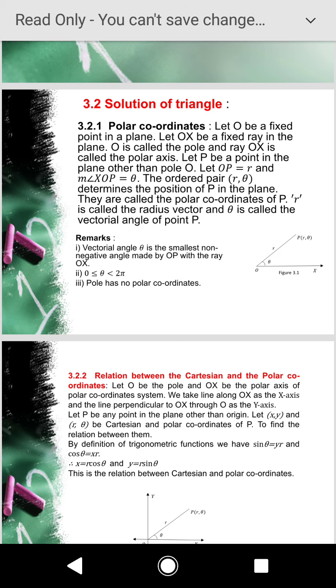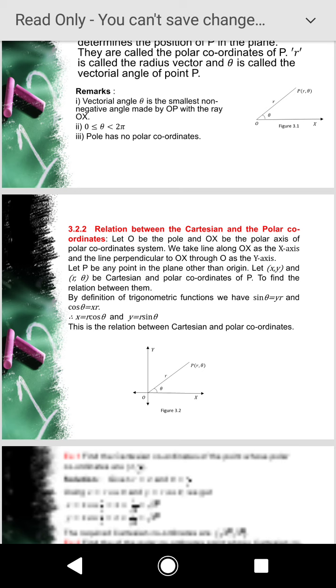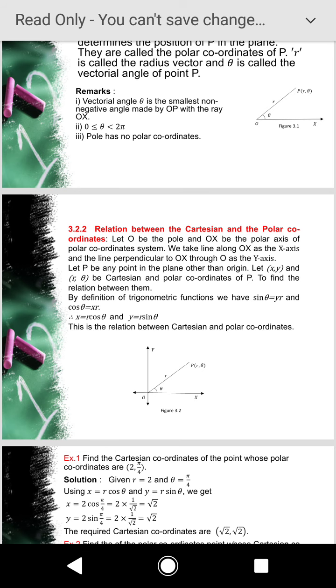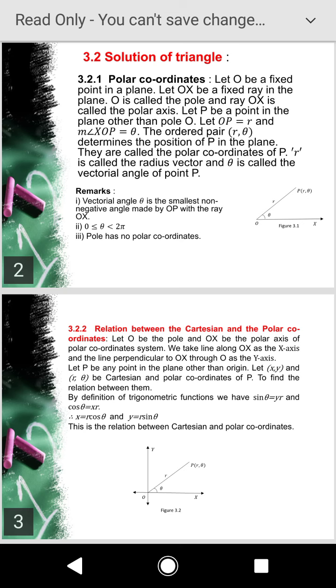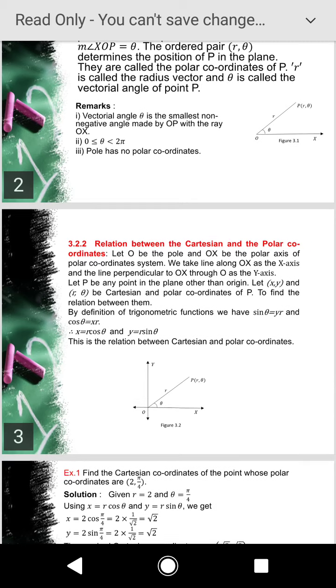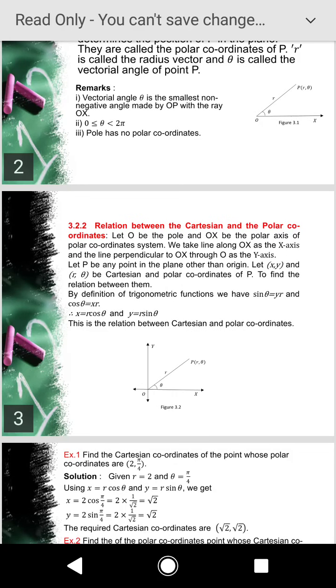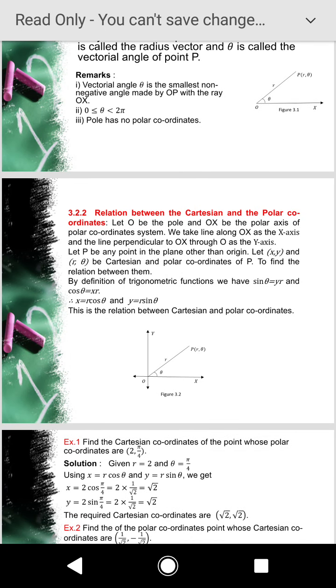The second thing is the relation between the Cartesian and polar coordinates. Now first we draw the Cartesian system with x and y axes. Let O be the pole and OX be the polar axis of the polar coordinate system.